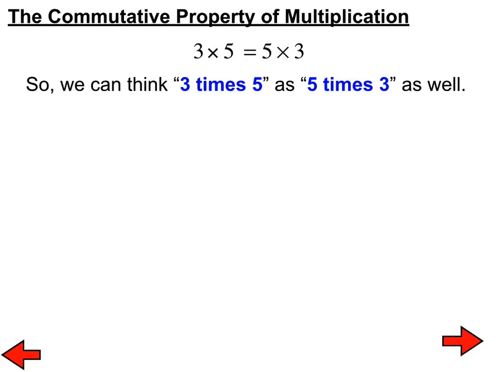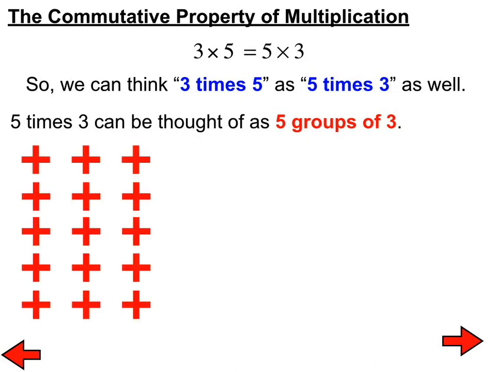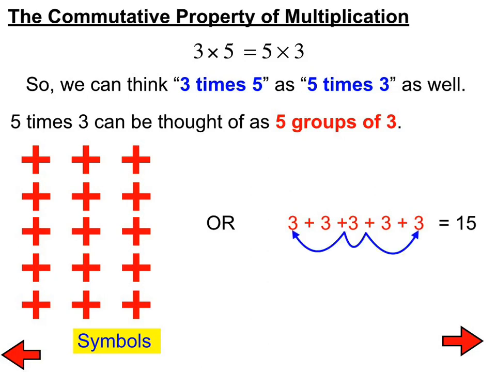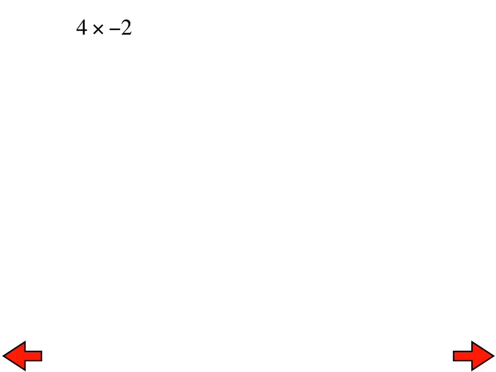And that's kind of common sense. 5 times 3 can be thought of as 5 groups of 3, and all I'm doing here is I'm thinking about that multiplication problem using the commutative property, and it's clear that we still have 15. 3 groups of 5 or 5 groups of 3, you're still going to end up with 15 there. And so we're going to utilize this thinking today to help us with proving why the rules are what they are for negative numbers as well.